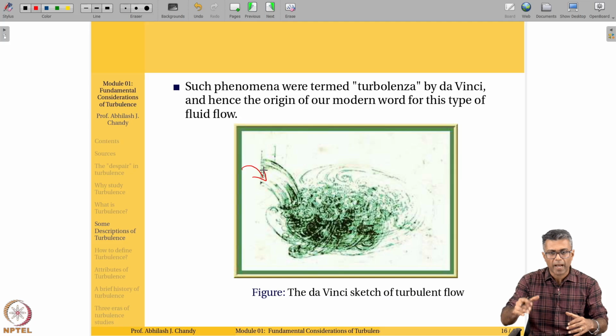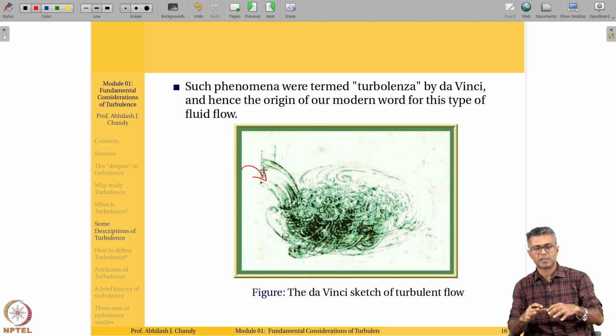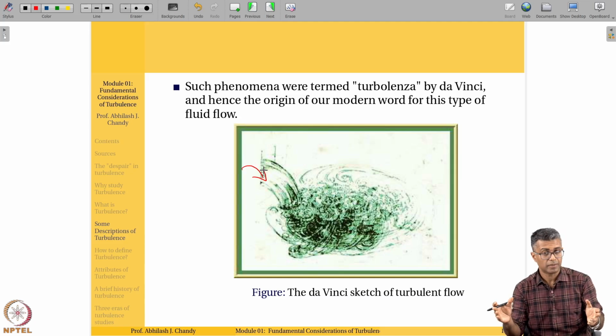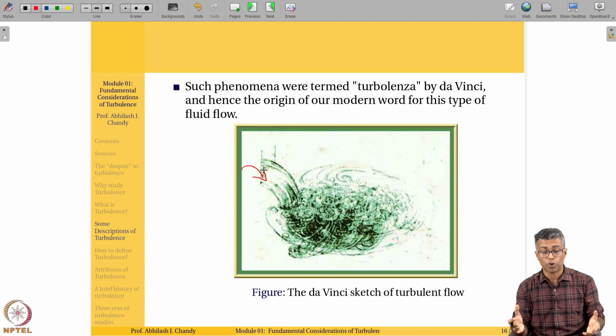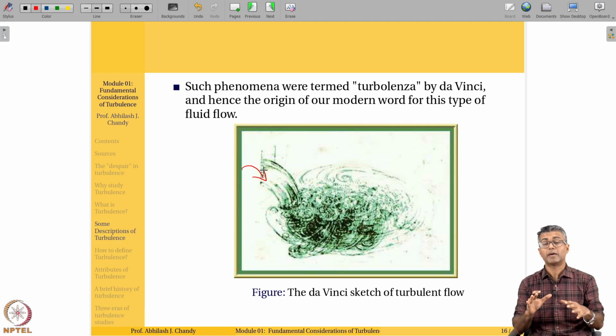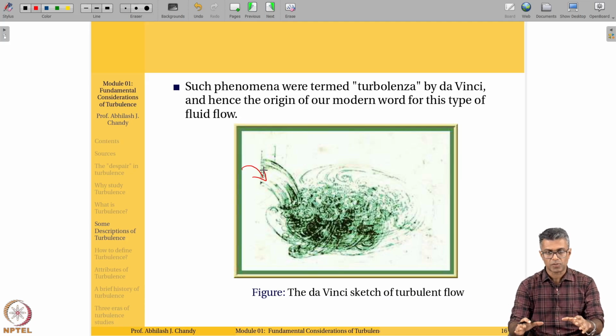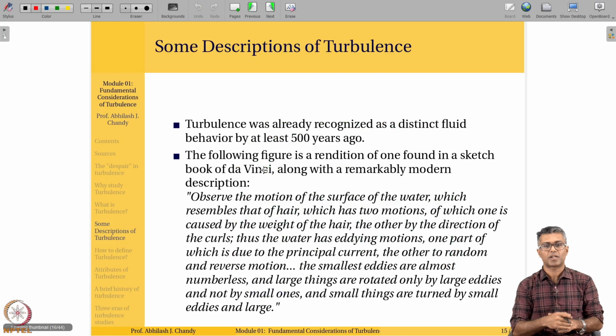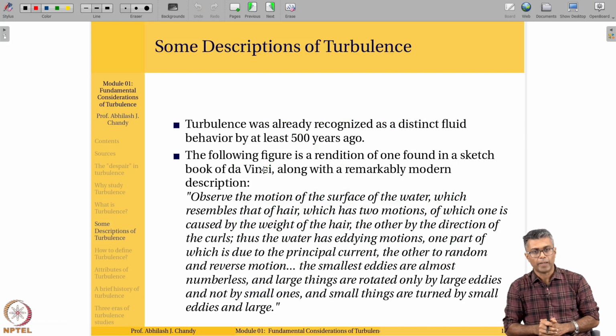And you see these patterns that are formed, patterns that are irregular, patterns that are disorganized, patterns that are chaotic. These are some of the observations we've been making, right? So he drew this and he described it in the following way.